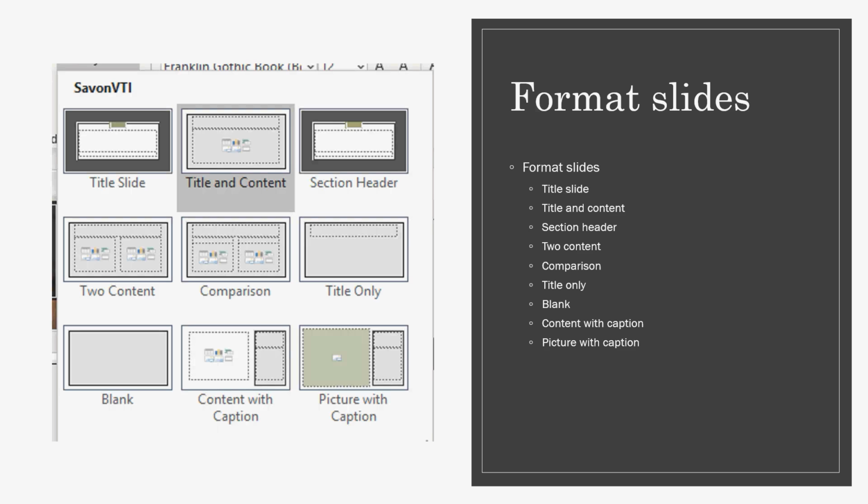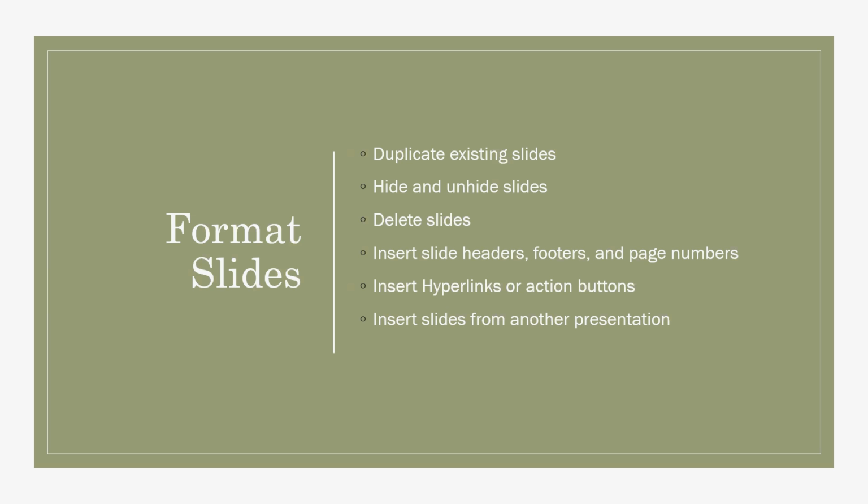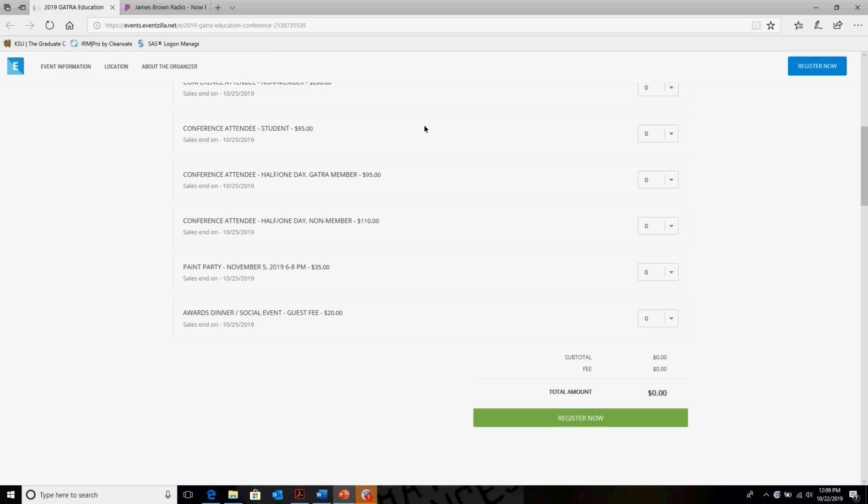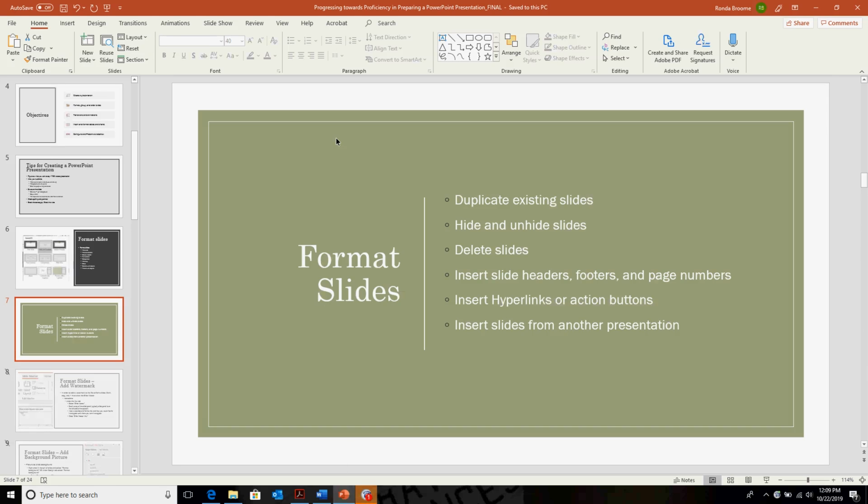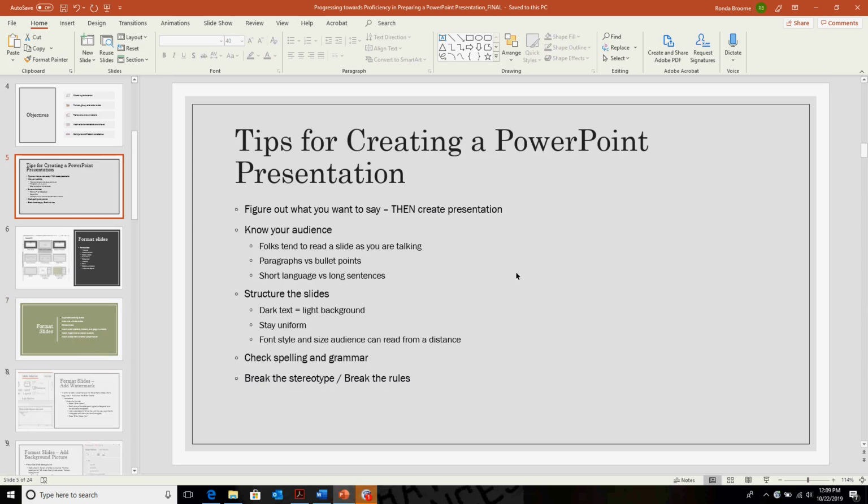These are different ways to format your slides. So now let's go into actually doing some of these different things. If you want to duplicate a slide, say that you really like the way that this one is configured.